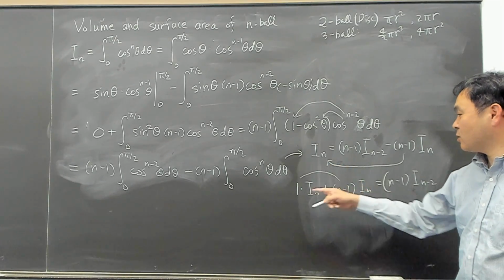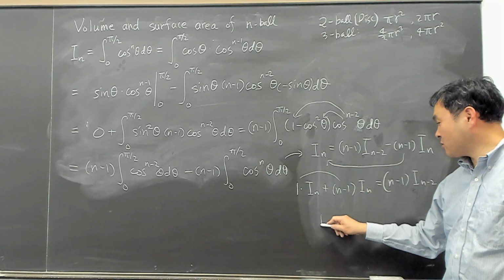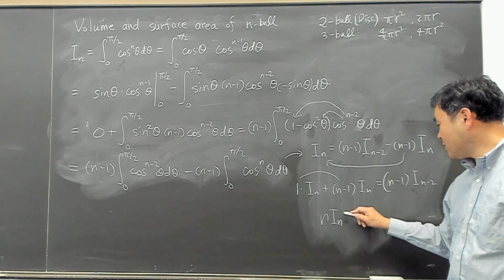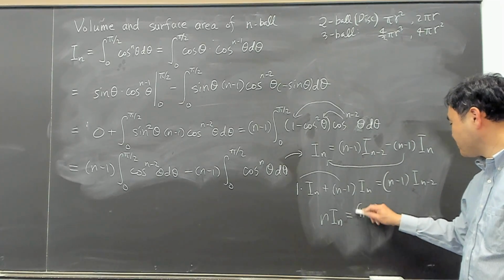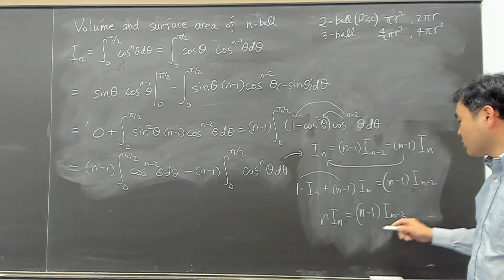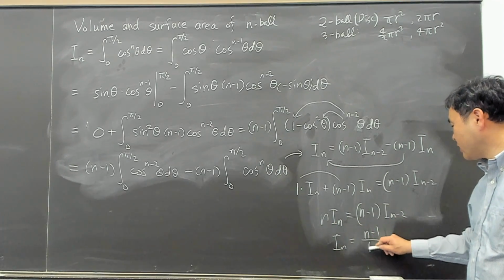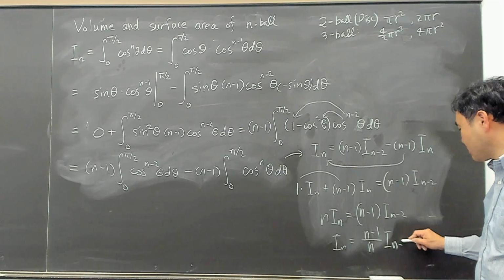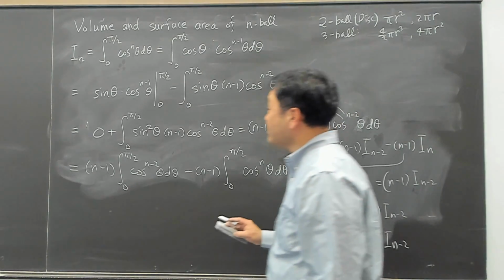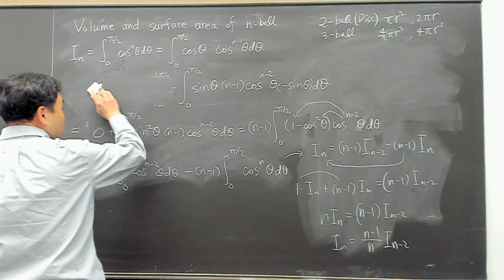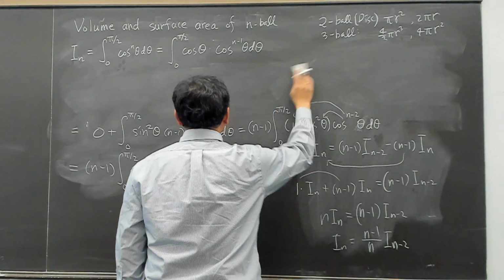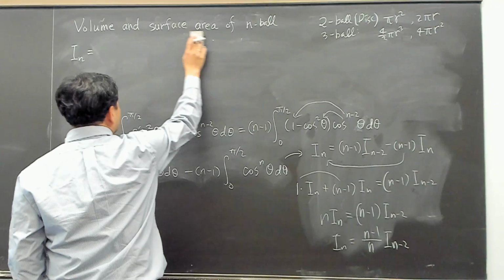And 1 plus n minus 1 is simply just n times I n. So if you divide both sides by n, you get n minus 1 over n I sub n minus 2.